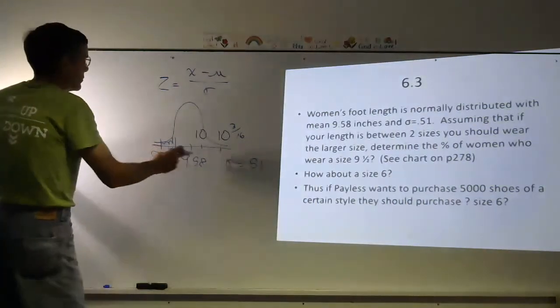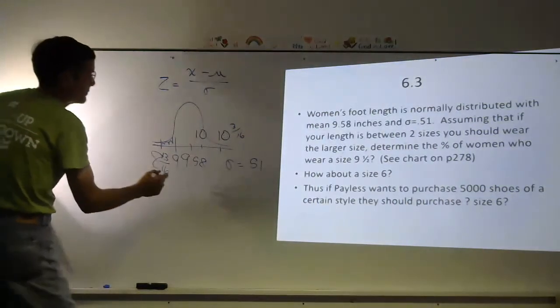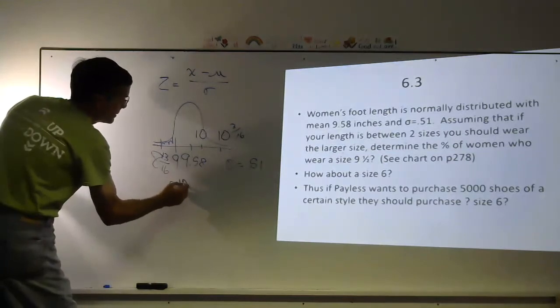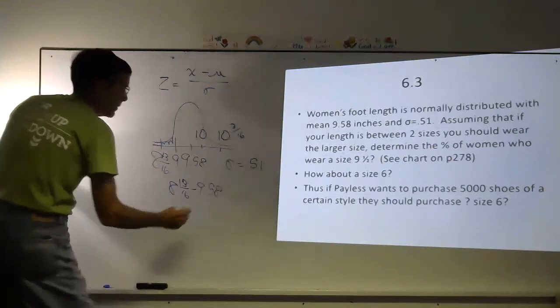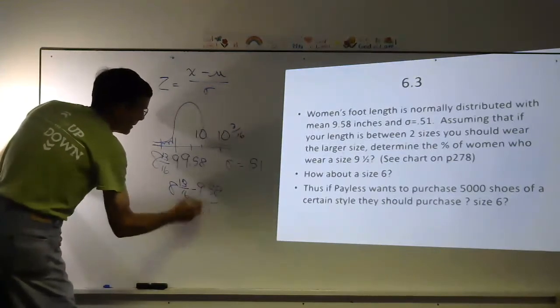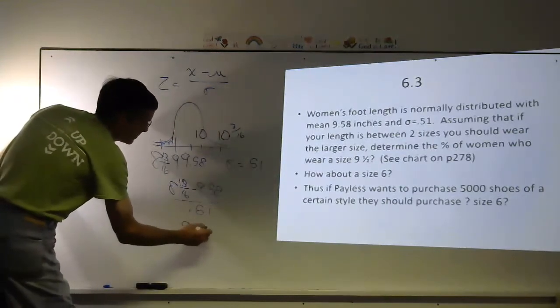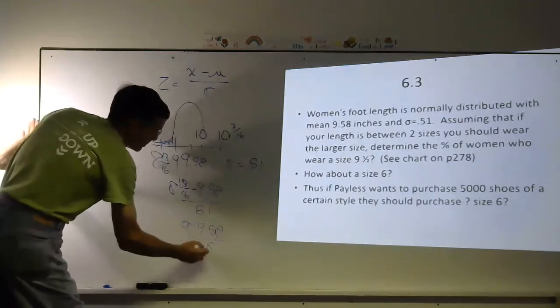We are going to have to do the same thing as I just mentioned. We're going to have to do 8 and 13/16 minus 9.58 all over 0.51 and 9 minus 9.58 all over 0.51.